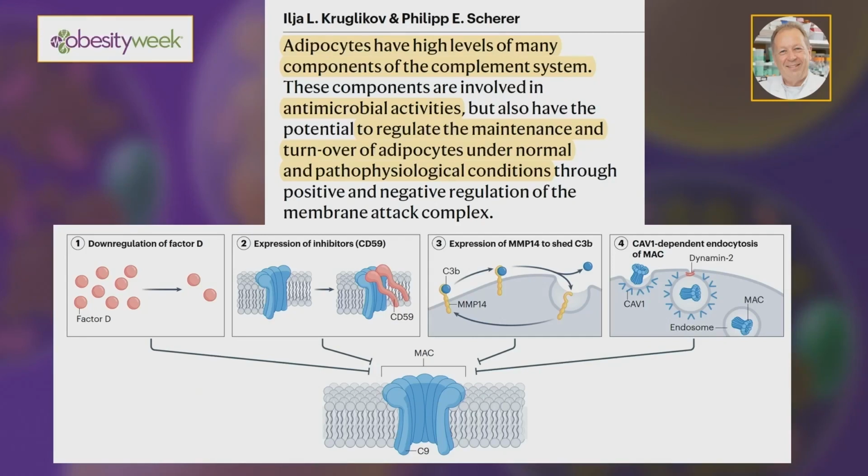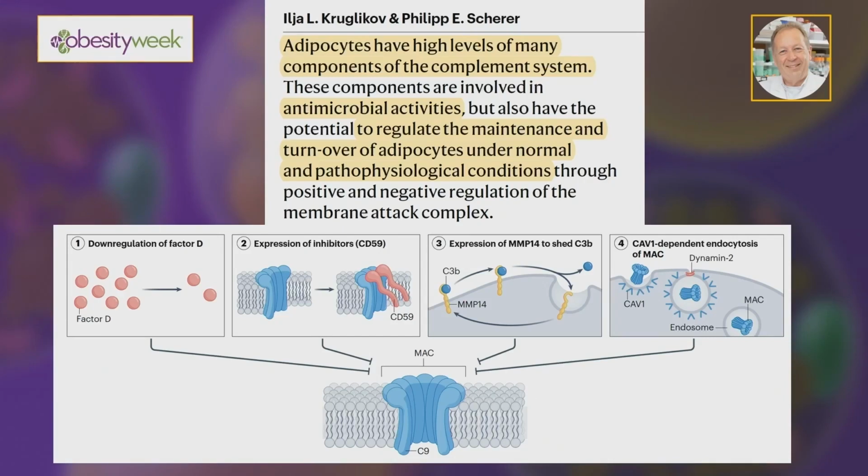And we postulate here that this will be an integral part of sustaining the cell number of adipocytes within adipose tissue, tightly regulated, that there is a small but regular turnover of fat cells, and the activation of the MAC, this attack complex, is central to the maintenance of adipose tissue cellularity.